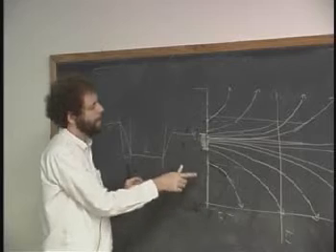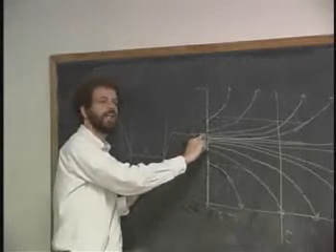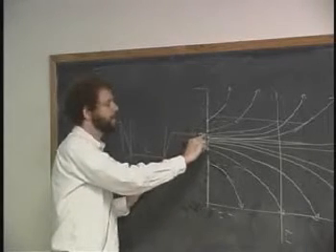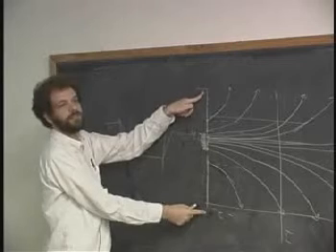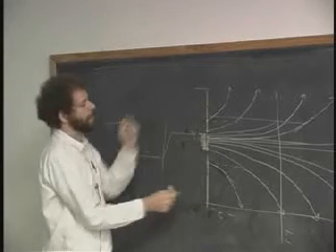Therefore, the chance that it falls inside of this range is just this range divided by that range. Does that make sense? Okay, good.